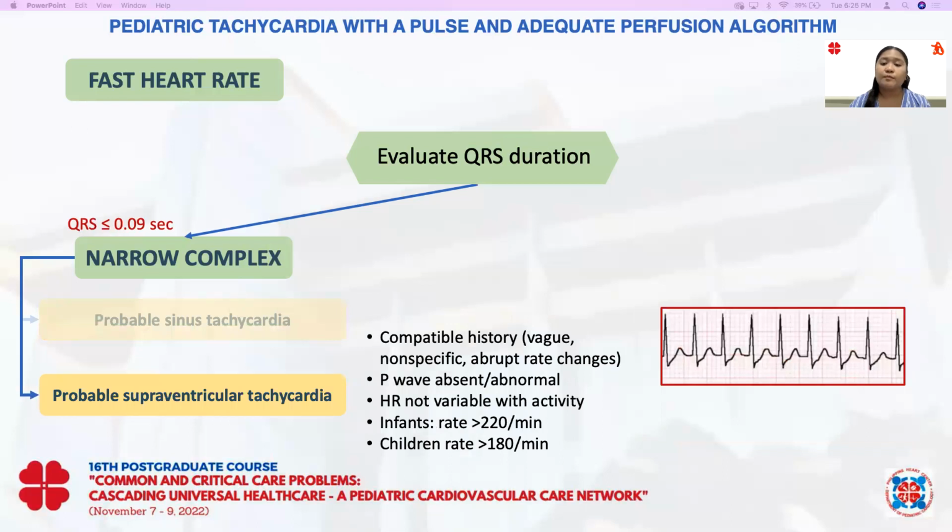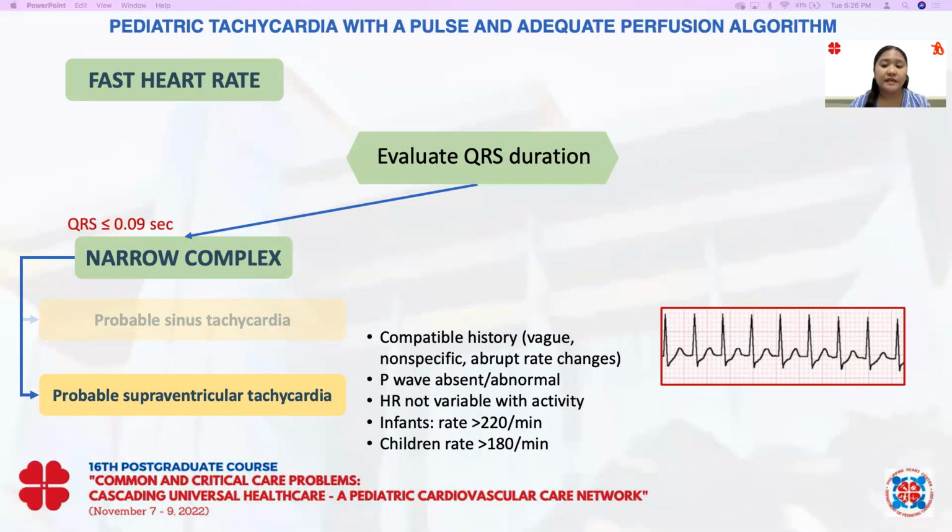So next, it is probably supraventricular tachycardia or SVT if you have a compatible history wherein the occurrence is abrupt and the P wave is absent and the heart rate is not variable with changes in activity level. The heart rate is usually higher than 220 beats per minute in infants and higher than 180 beats per minute in children.